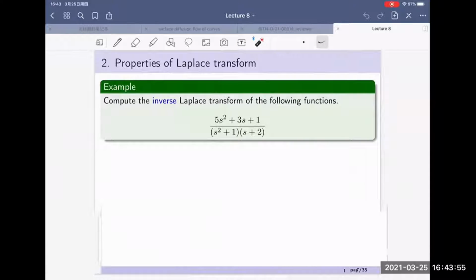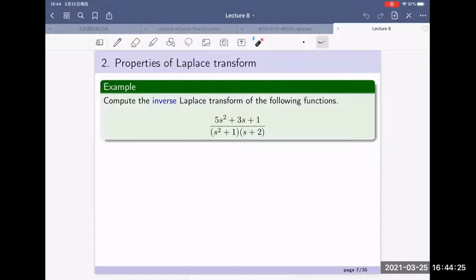So this is a more complicated function of s, for which you want to find the inverse Laplace transform. In order to solve this problem, you really need to simplify this expression into simpler forms.